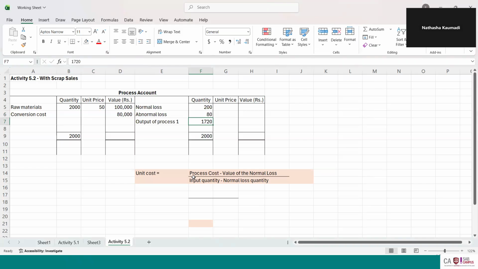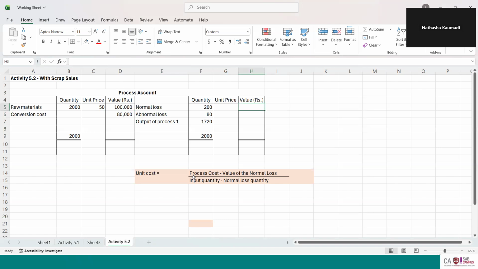Right. So we have done the first step, second step, third step is calculating the unit cost. Now, very important. Remember, I told you, usually when it comes to normal process costing accounts, we are not recording a value for normal losses.